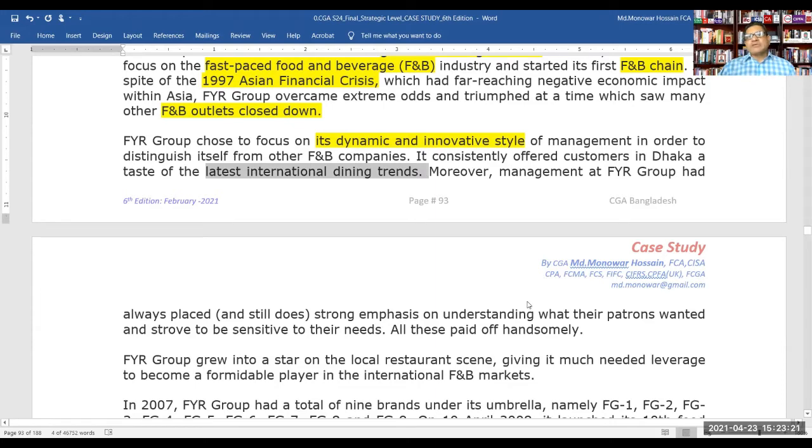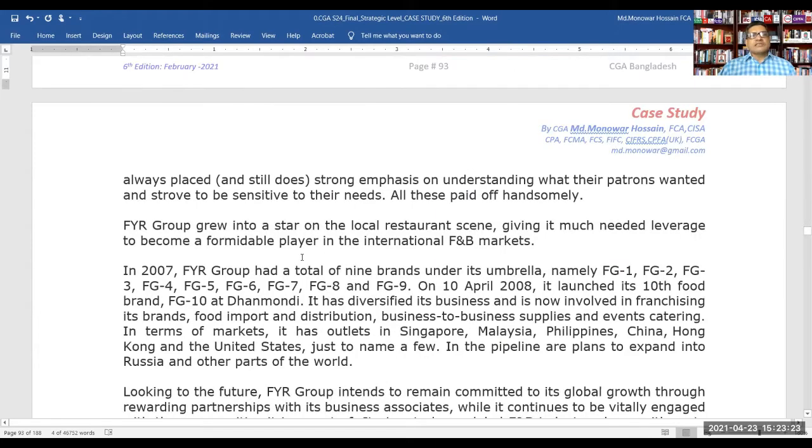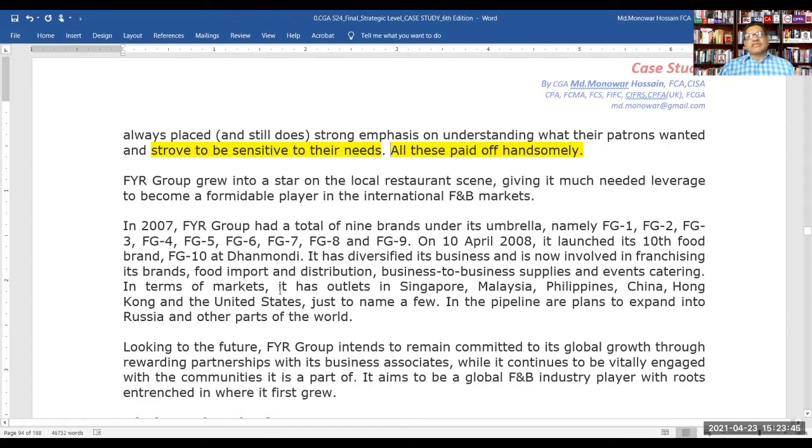However, management of the FIR group had always placed, and still does, a strong emphasis on understanding what the partners wanted and being sensitive to their needs. All this paid off handsomely. FI Group grew into a star in the local restaurant scene and became a formidable player in the international FB market.